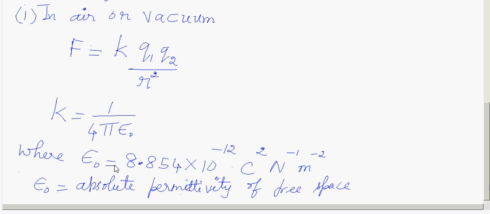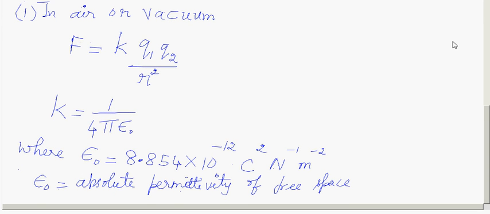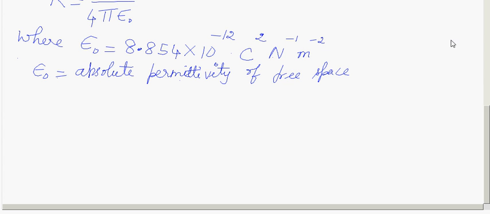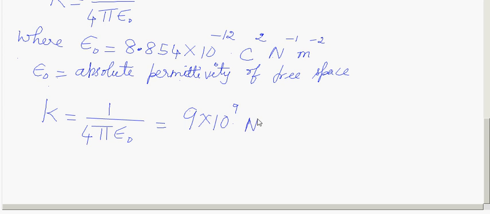Now if you substitute epsilon naught, you will get K as 9 into 10 to the power 9 Newton meter square per Coulomb square. For all your problems, you can take this value. K is 1 by 4 pi epsilon naught, which is equal to 9 into 10 to the power 9 Newton meter square per Coulomb square.